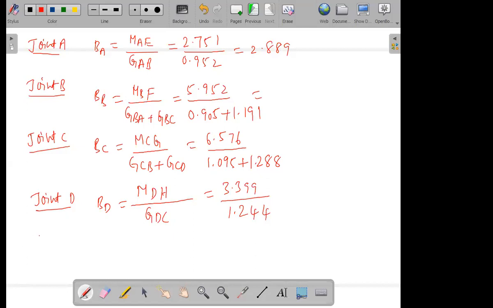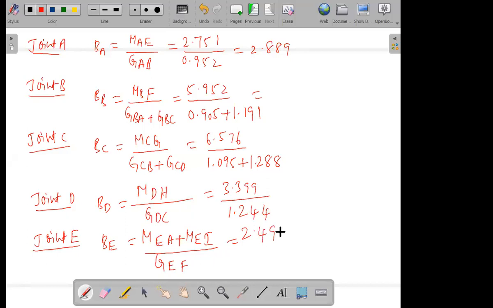Similarly, joint E. bE is equal to MEA plus MEI divided by GEF. Here you will get 2.499 plus 10.05 divided by 1.444.